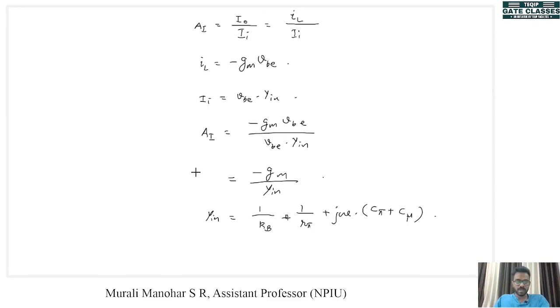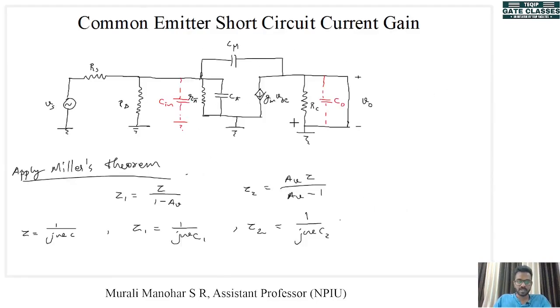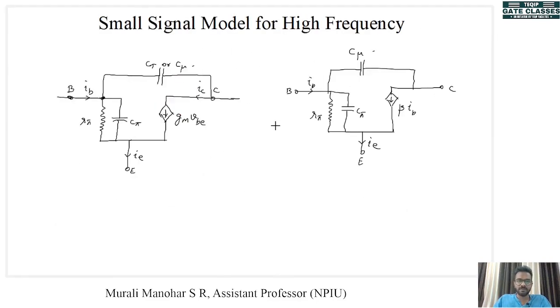Now we have done one analysis using this high frequency small signal model of a transistor. This is not normally asked in GATE, so we may not be doing more problems related to this. So I am winding up here.